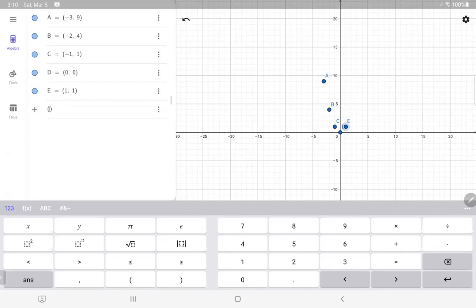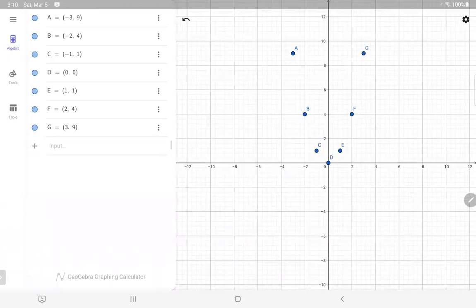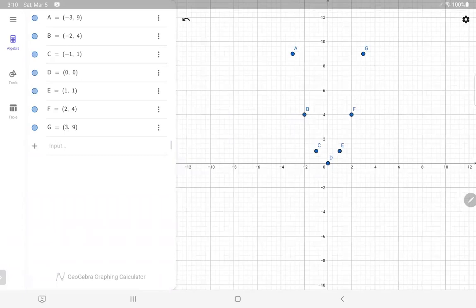What else? 2, 4. 3, 9. Look at this. If you take any other point, let's do something. Now we need to match between these points, right? To get the graph.